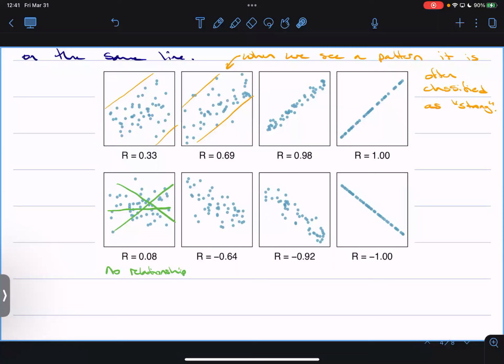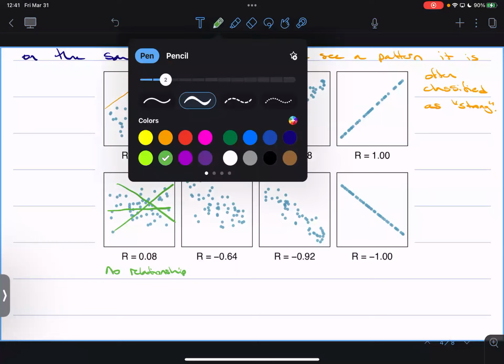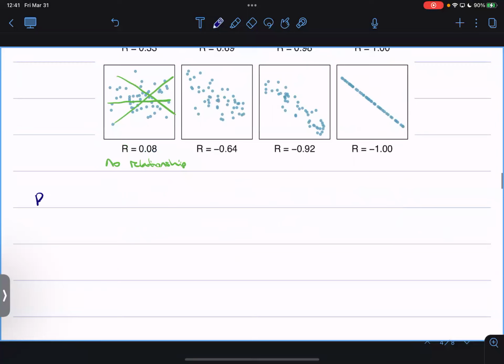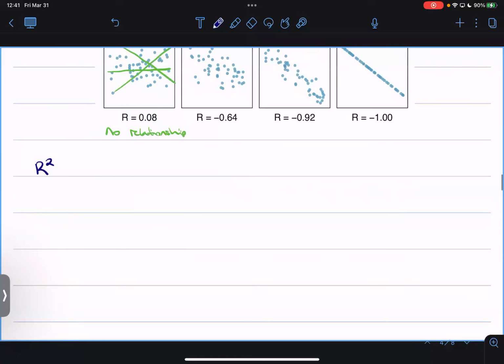It's kind of a nice, let me see if I have, sure. R squared, here we go. But I guess I'll wing it. So at your own risk, here we go. R squared.